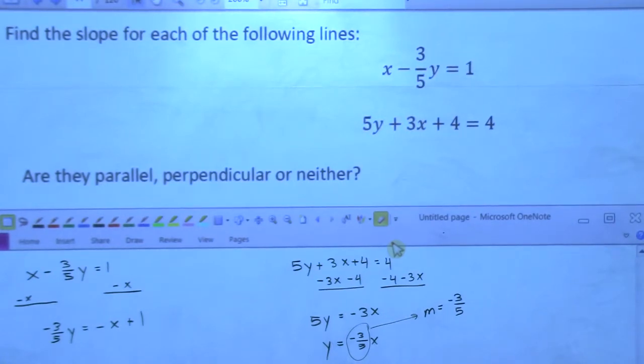Who has it? I just want to see how many people are done. Okay. It's all right, keep working. I think the first line is probably the one that's the most trouble.